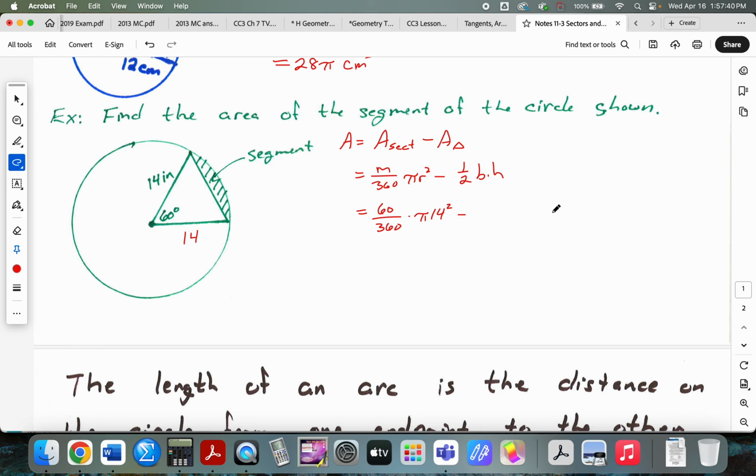And you can spin your picture around or you can redraw it. I'm going to redraw it over here because I can't spin my picture around. That means that this was 14, this is 14, this angle is 60. If I drop in an altitude, since that's an isosceles triangle, it's going to split this in half. So that each of these is 30.